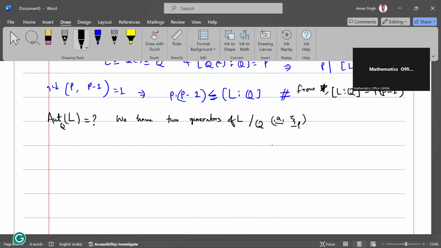For example, what do elements of L look like? So you just have some idea of it.